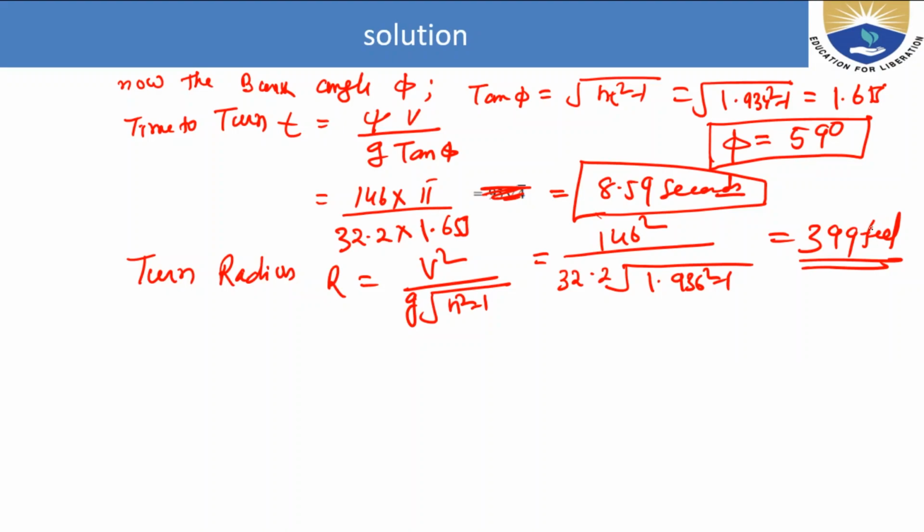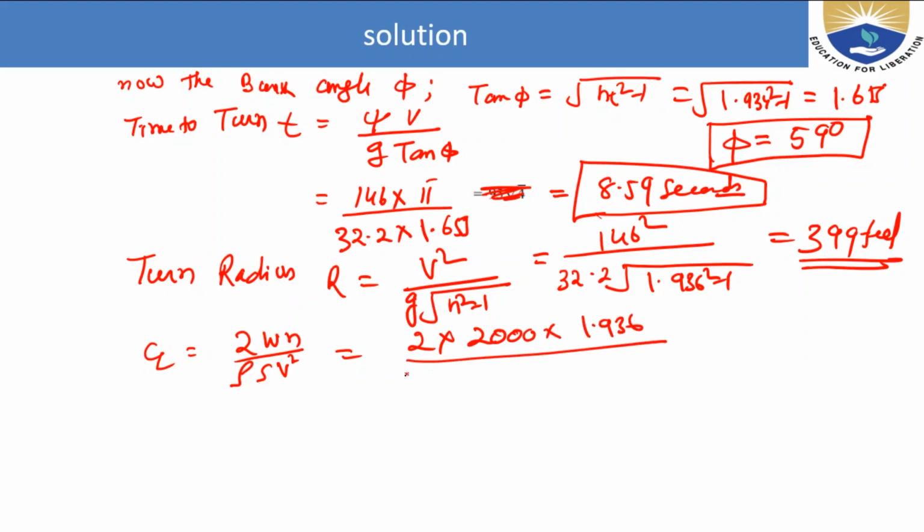And lift coefficient CL, in this case 2Wn divided by rho S V square, 2 into weight 2000, n is equal to 1.936 divided by 0.002377 into 125 into 146 square, 1.22. So now the flight speed is reduced.